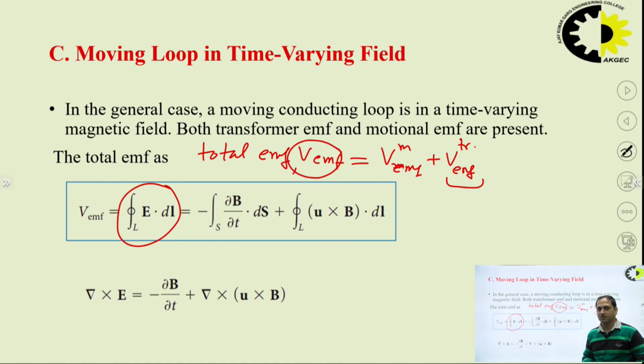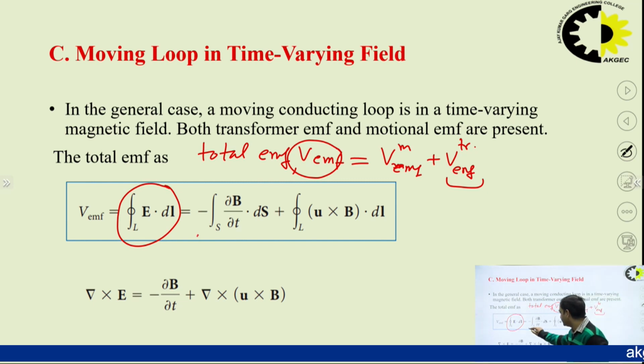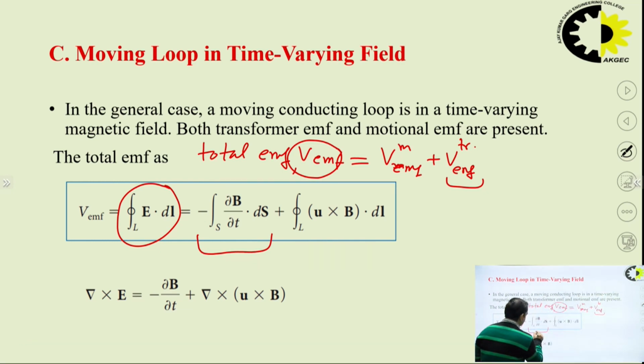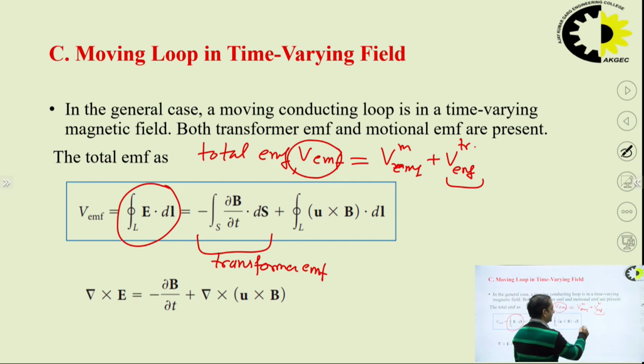So transformer EMF occurs when we have the stationary loop with a time varying B field. So this one is representing that. This is the transformer EMF.